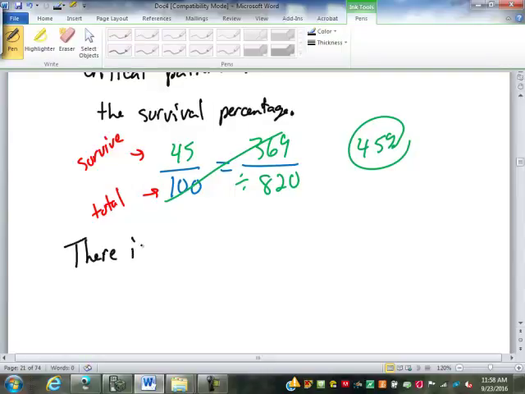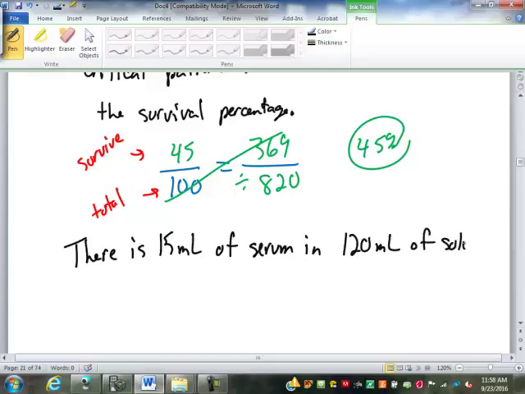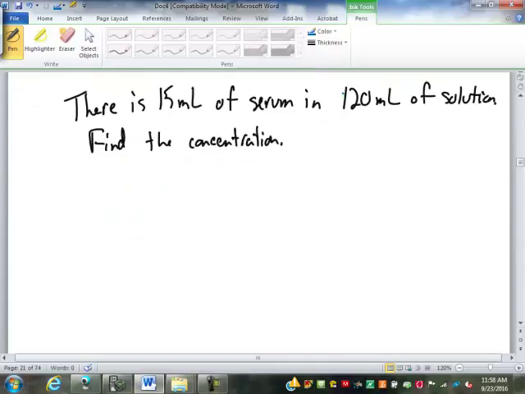Let's say there are 15 milliliters of medication, of serum, and 120 milliliters of solution. Find the concentration. So again, the concentration is a percent.